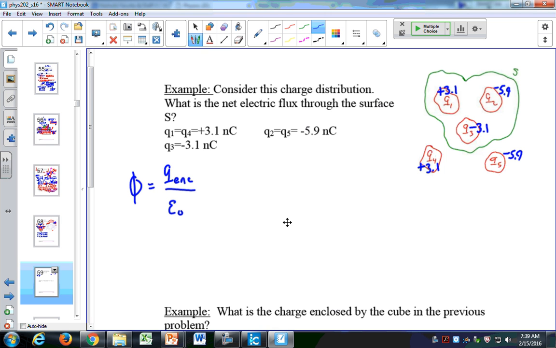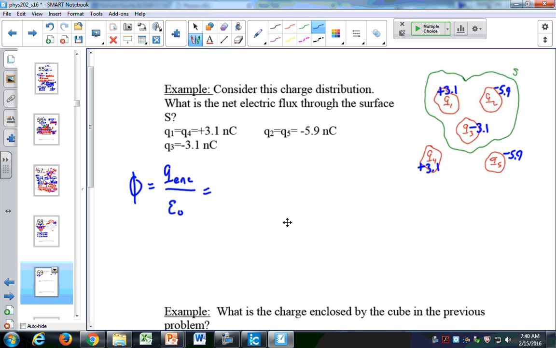So I only have three charges here, Q1, Q2, and Q3 that are contributing to the flux. Now, a couple of these charges have flux going in and flux going out, and we can just cancel them out. We can cancel out the flux due to this one and due to this one. I'll go ahead and calculate it with them in there, but we could just ignore those charges altogether. Let me just show you what I mean.